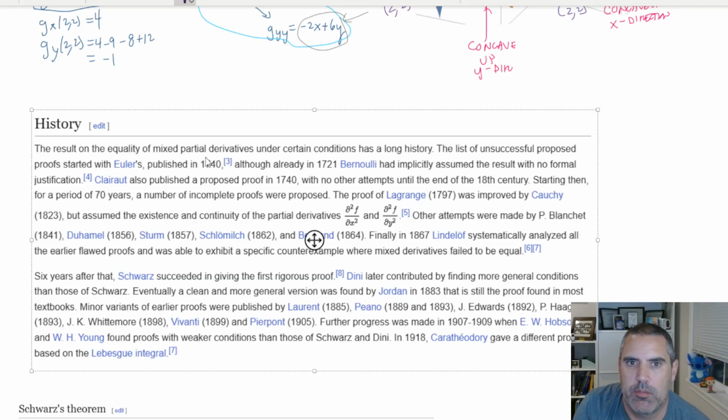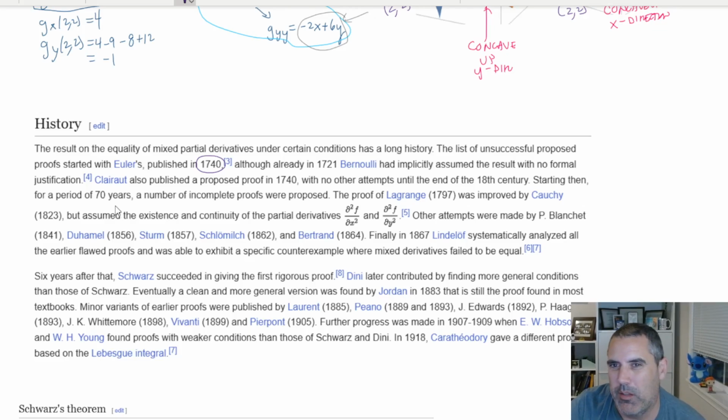But in 1740, he published an article that included this. Now, I found the article. It's in French. I couldn't see something that wrote Clairaut's theorem in the way that we write it now. It's written in a little different form. But an interesting thing was, it's named after him because he was the first to mention it in an article formally.